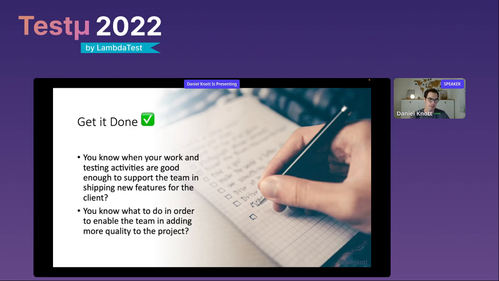Another topic is what to do in order to enable the team in adding more quality to the project, right? This is also something that we teach not only to our colleagues and to developers, but also to our clients: that quality is a whole team responsibility, right? Whenever I hear, yeah, we need more testers to assure quality, I get goosebumps, like, no, stop.